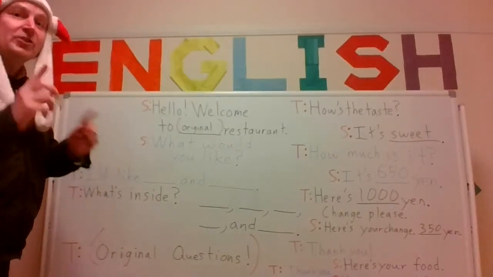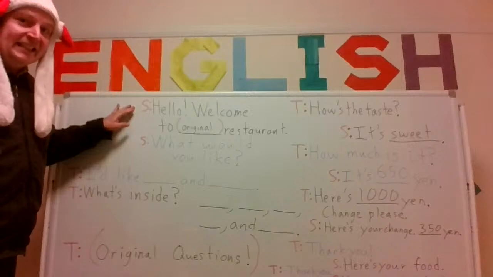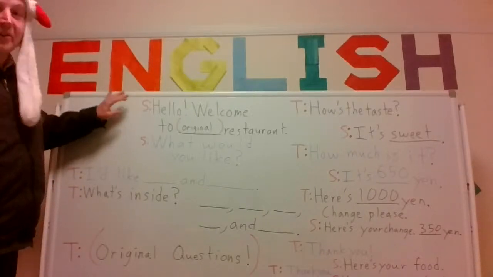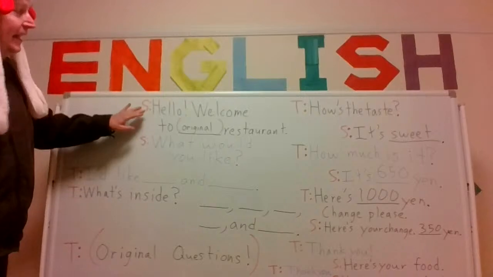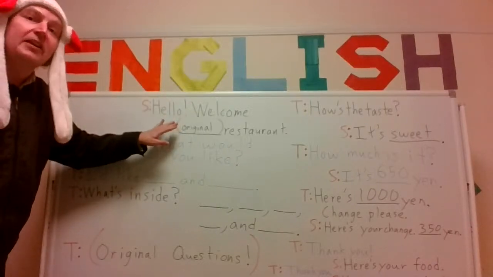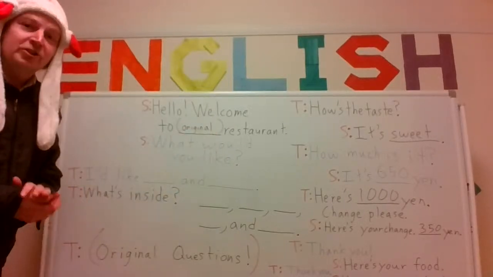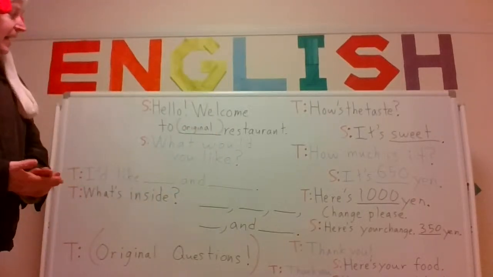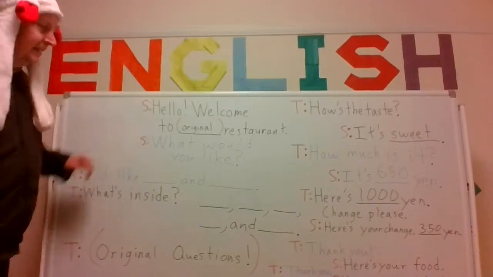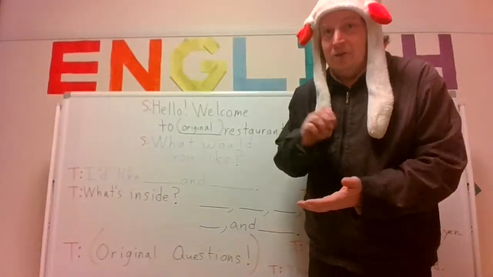But this time it's switched, so the students are leading the test and the activity because they're working in the restaurant. It starts with "Hello, welcome to..." and then the students made an original name for their restaurant, because they also made an original dish. Then the students ask me, "What would you like?" Based on their original menu, I would order what they designed.